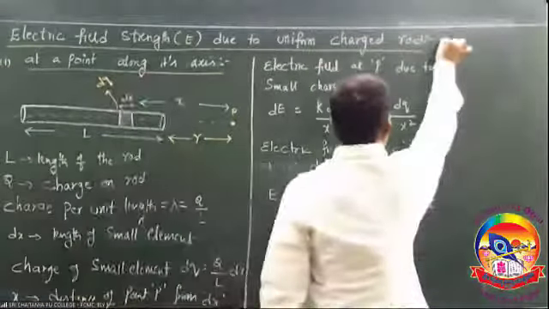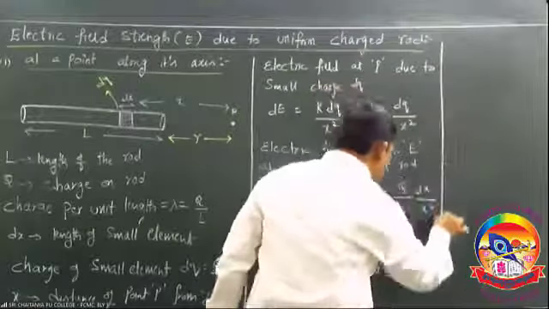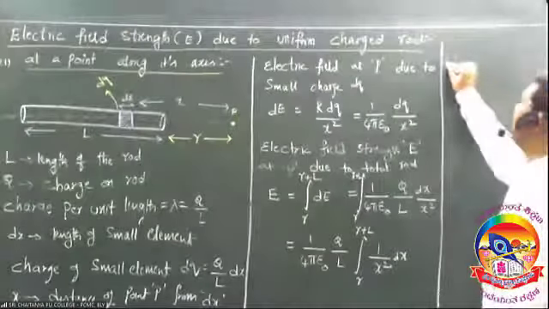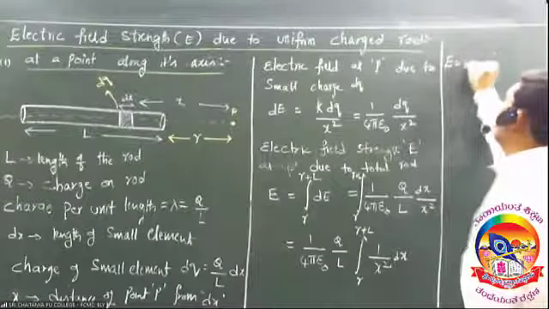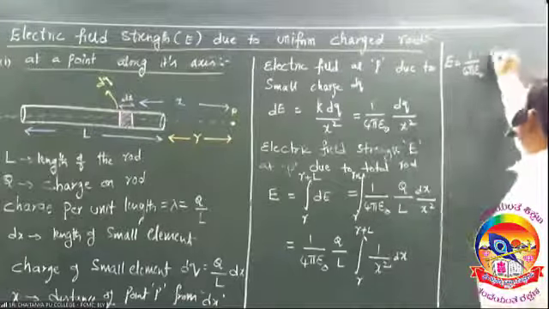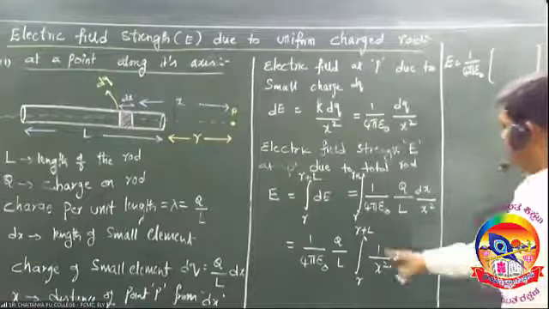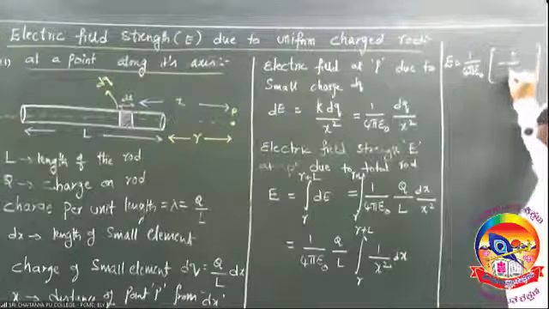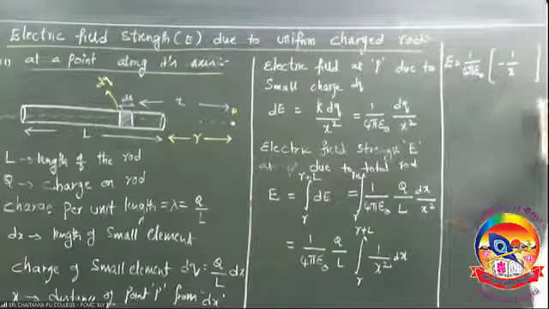What is the formula? Minus 1 by x. Already in our previous classes we studied this. 1 by 4 pi epsilon naught, integral of 1 by x square dx is minus 1 by x. What are the limits?